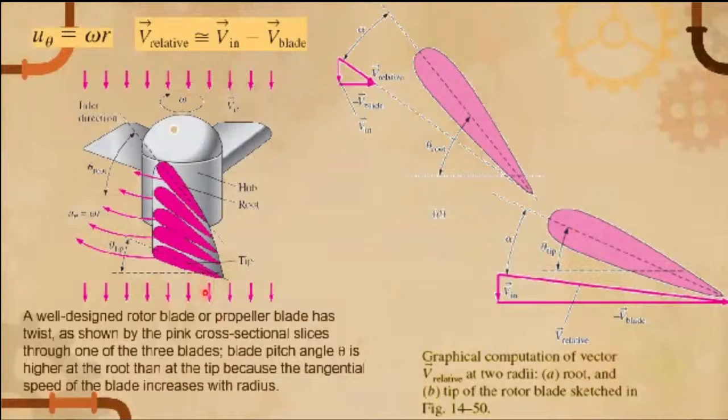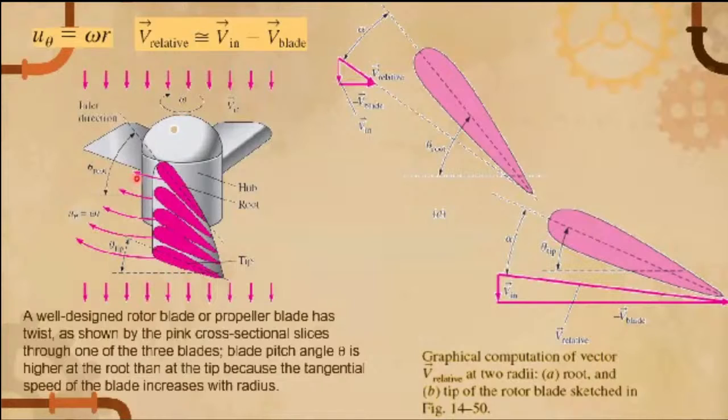But the tangential speed is different. It increases when the radius increases, meaning that close to the root, the tangential speed is lower than the tangential speed at the tip.